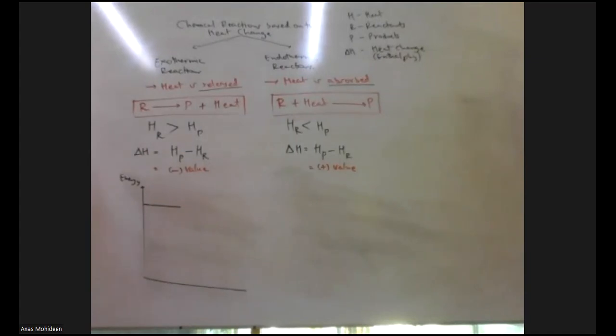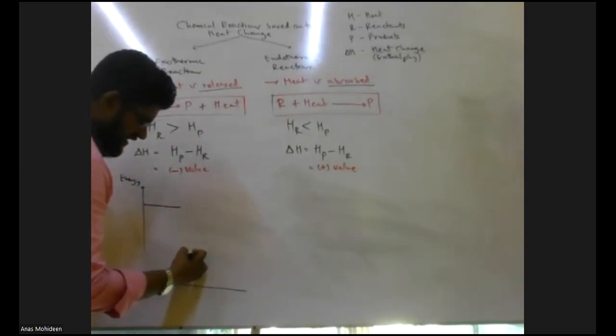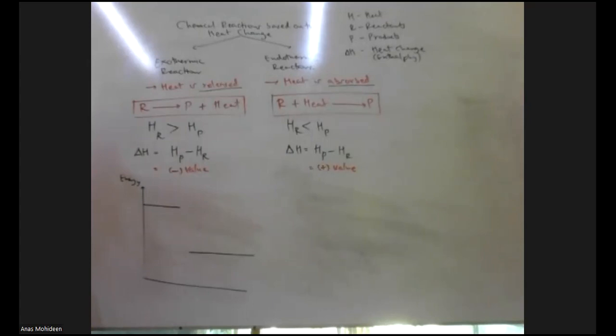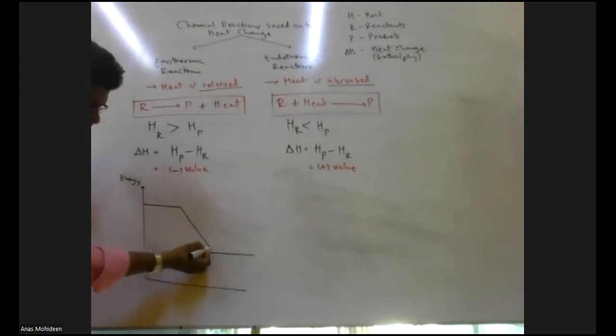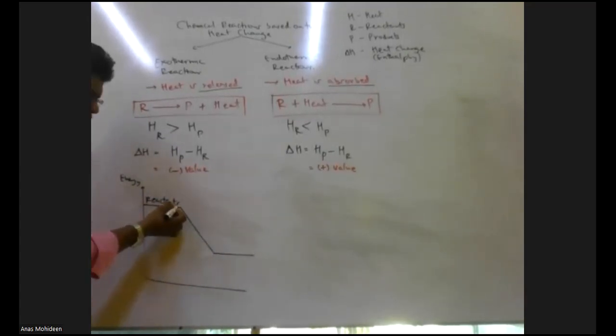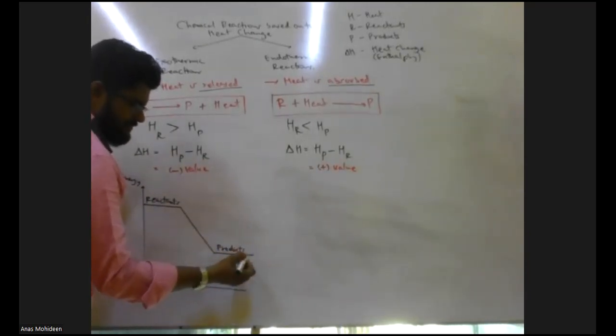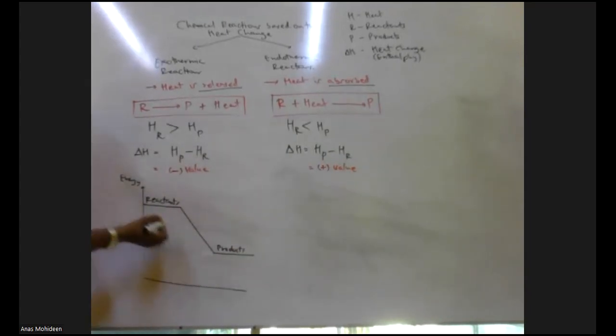Reactant becomes the product upon releasing heat. Releasing heat means heat is reduced and it becomes the product, so the product is less. Product is somewhere here. What I do, I'm going to connect that. So this becomes the reactants. They release the heat and become the products. This was the starting heat, and this line gives you the end.